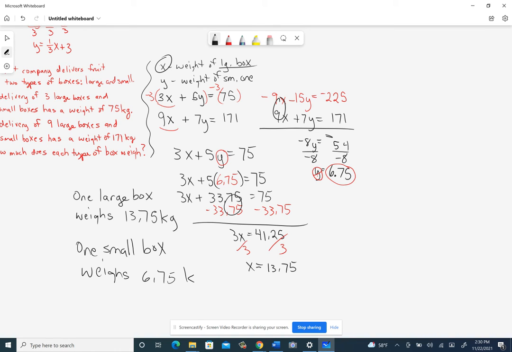That was our y. So remember, this was your x, this was your y. And on the Alex, they typically just will have a spot that says large box. Oh, let me see how they word it. They'll say weight of each large box, and then they'll say weight of each small box. So you just make sure you put those into the correct spots.